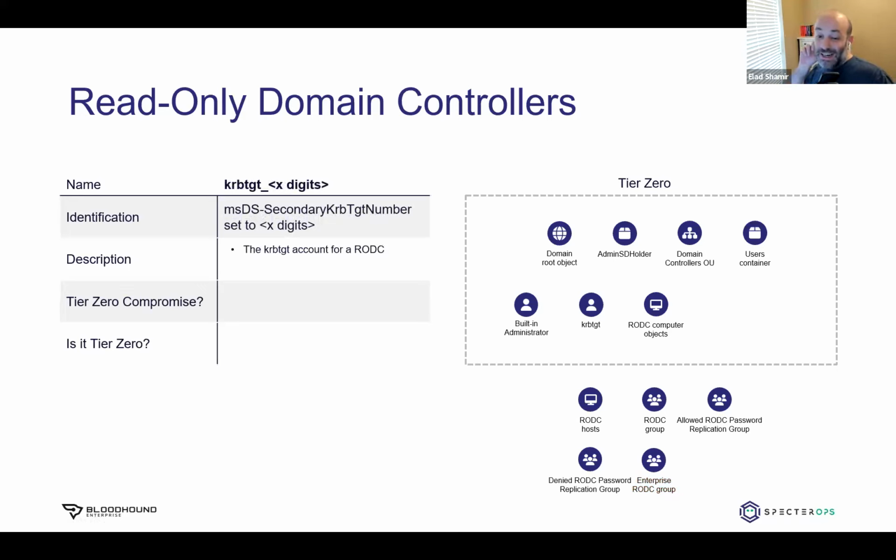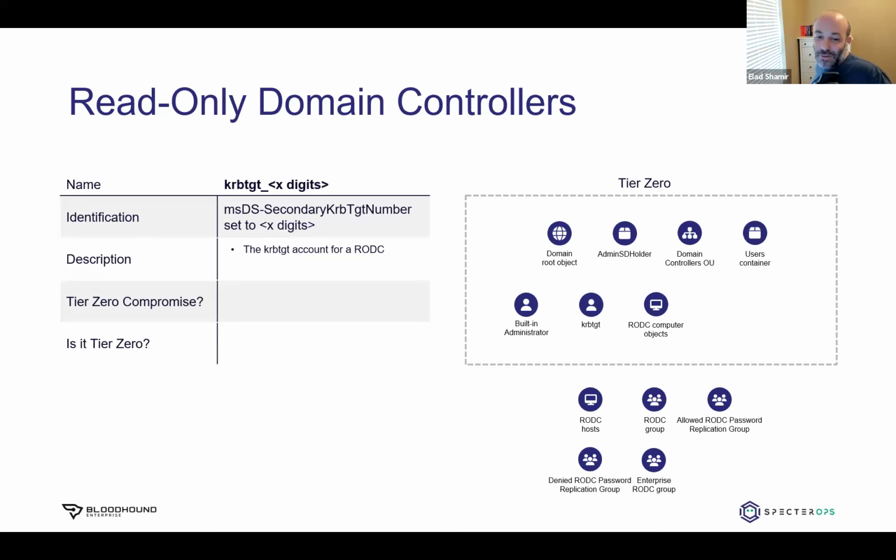This account is what the RODC uses to encrypt and sign the TGTs that it issues. As I mentioned, there is a mechanism that allows exchanging those RODC TGTs for full TGTs, but it is subject to the RODC's password replication policy.